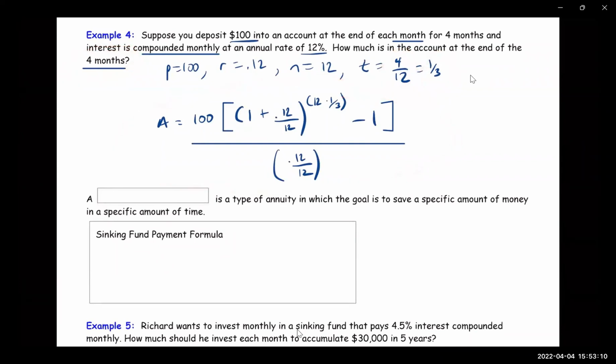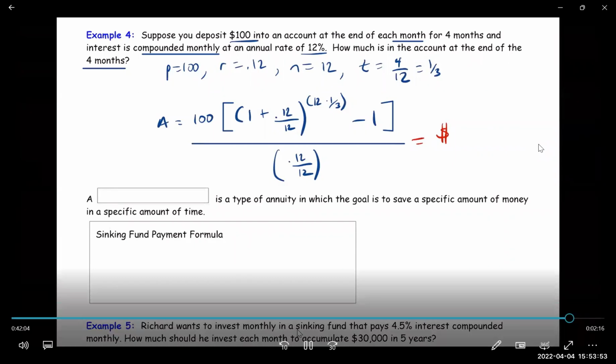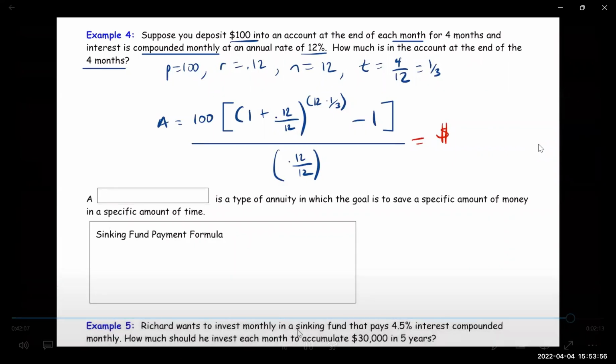Let's see what we all get. 1 plus 0.12 divided by 12, to the power of 12 times 1 divided by 3, close bracket, minus 1, and that divided by 0.12 divided by 12. $406.04.